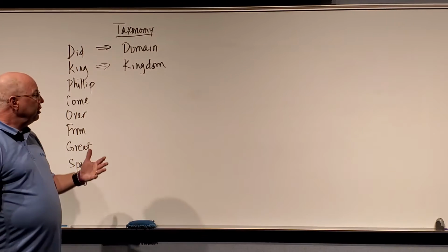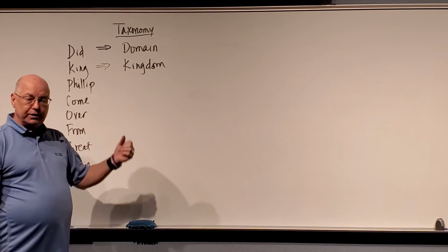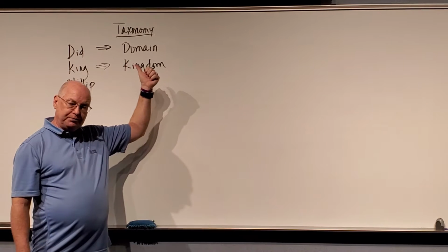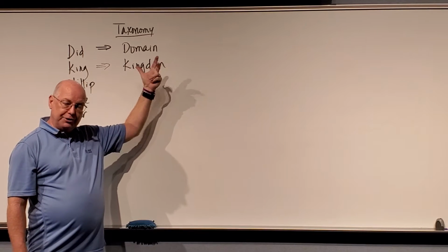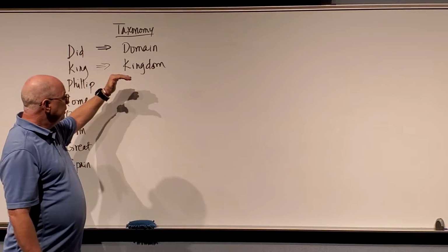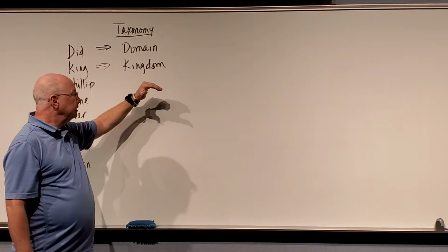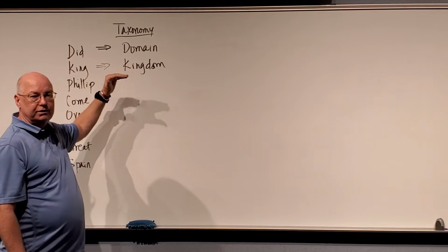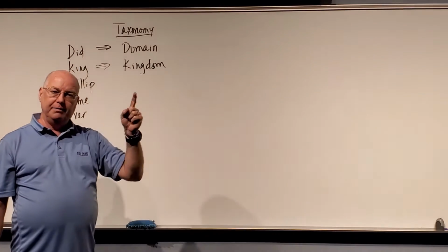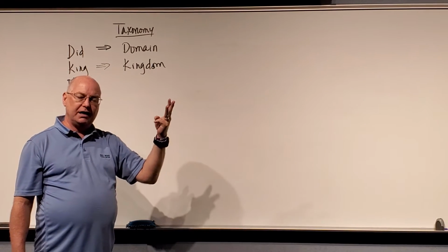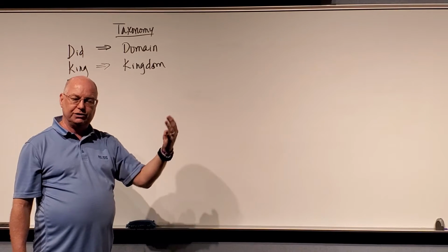Okay? So now we have 6 kingdoms. We have 3 domains: Archaea, bacteria, and eukarya. And then Archaea is its own kingdom also. Bacteria are their own kingdom. And then the other 4 kingdoms would be Animalia, Plantae, Fungi, and Protista, which are single-celled animals.